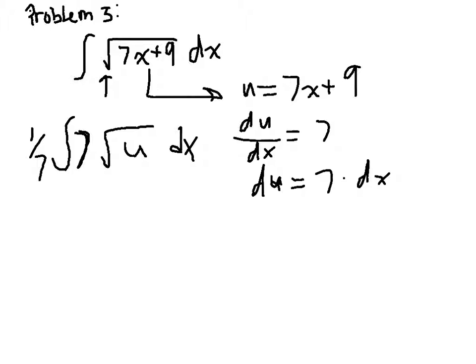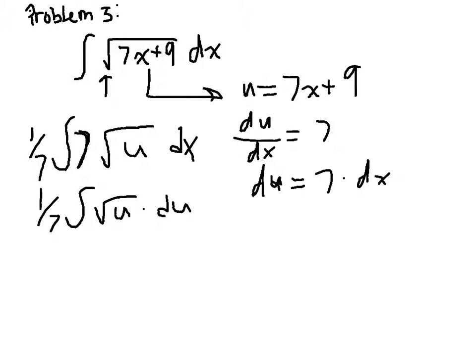So it's 1/7 times 7, so that will cancel out and become the original function. And now, since we have 7 dx, that also equals du equals 7 times dx. So this equation also can be written as 1/7, because that carries down, times the radical u times du.